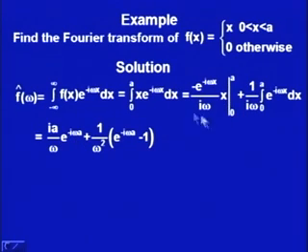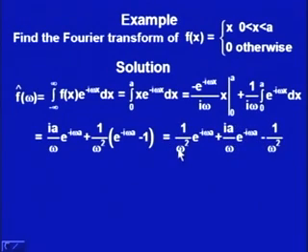At x equal to 0 this gives 0. Then the integral of e to the power minus i omega x is minus e to the power minus i omega x upon i omega, so with i square omega square, and i square giving minus 1, we get plus 1 upon omega square evaluated at the limits: e to the power minus i omega a minus e to the power 0, that is 1. So we get e to the power minus i omega a minus 1.